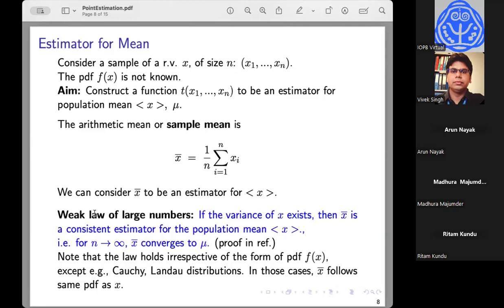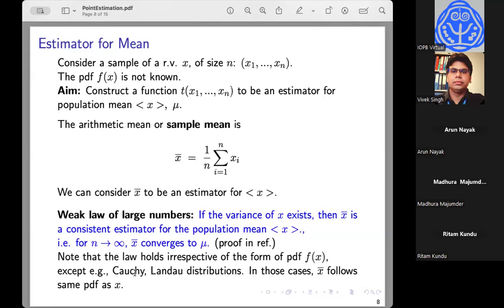Similarly, there is another law called the strong law of large numbers. I'm not going into that. You can note that this law holds irrespective of the form of the PDF. It doesn't depend on the PDF, except for a few PDFs like Cauchy and Landau.